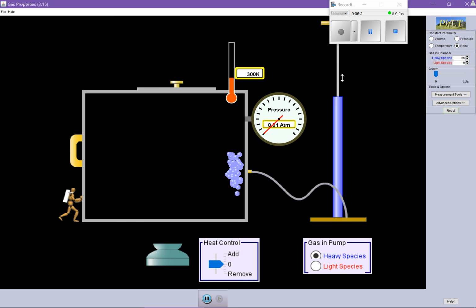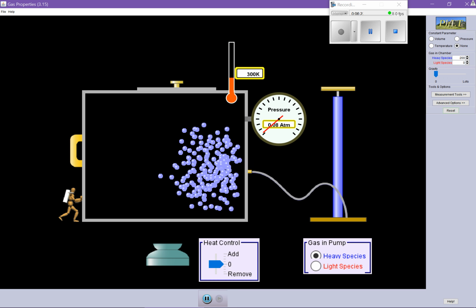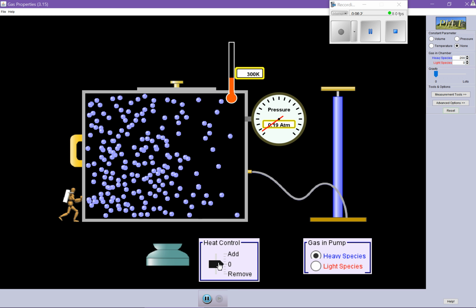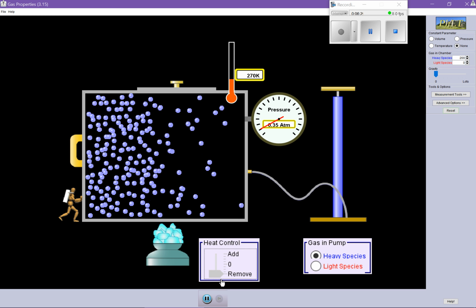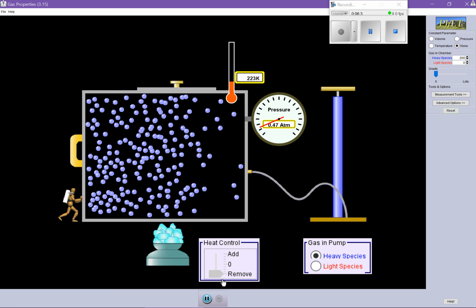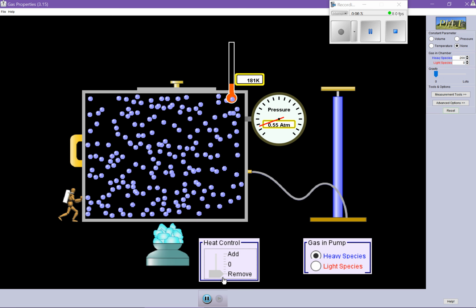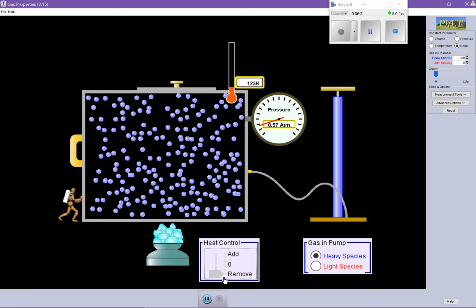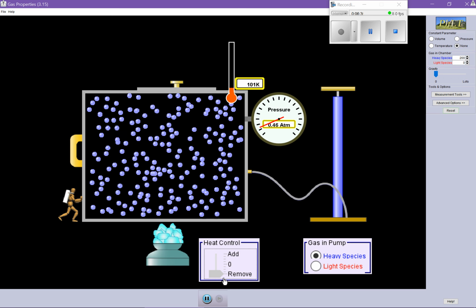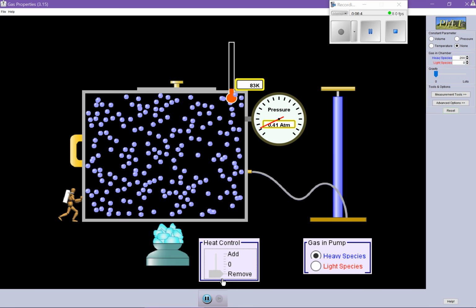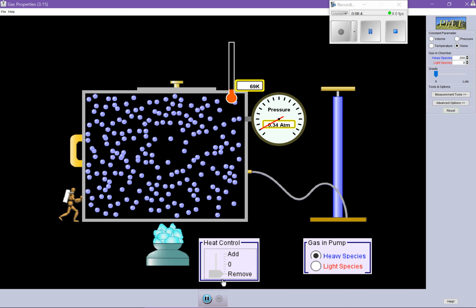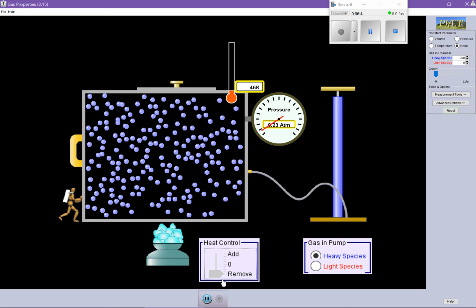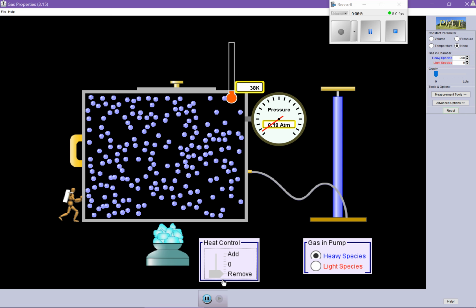So let's try the opposite. If I put some of those particles in there, get our gas floating around. And this time, if I remove heat or I make it colder, we're also going to see a change in the particles. So notice the temperature going down, and the particles start to act a little bit differently. They start to go slower and slower and slower. And so they're never going to completely stop.